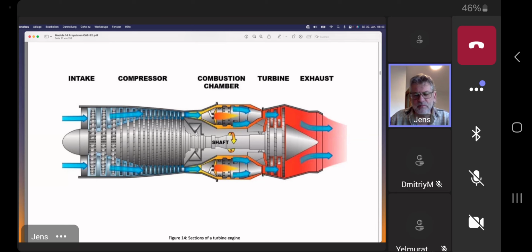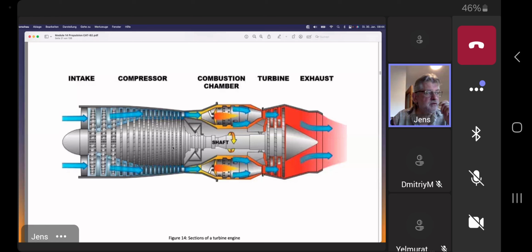Just to remind you, the advantage of a radial compressor was and still is that the compression ratio per stage is much better than that of an axial compressor. With a radial compressor, you can reach 5:1, 6:1 compression ratio, whilst the compression ratio on an axial compressor is much worse. It's 1 to 1.3, whatever. And that is also the reason why we have so many stages in an axial compressor.